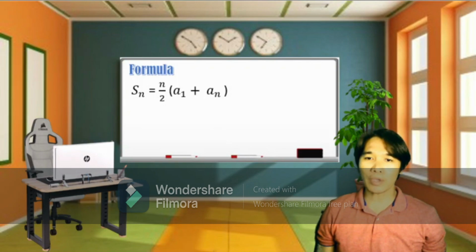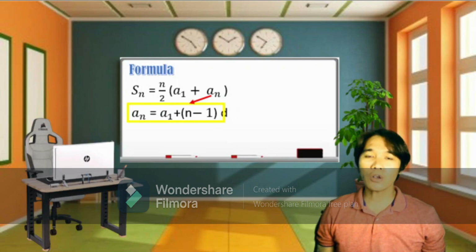So if you can still remember, when we discussed arithmetic sequence, we have the formula for the nth term of an arithmetic sequence. That is a sub n is equal to a sub 1 plus n minus 1 times d. So we are going to insert this formula into the formula in arithmetic series.